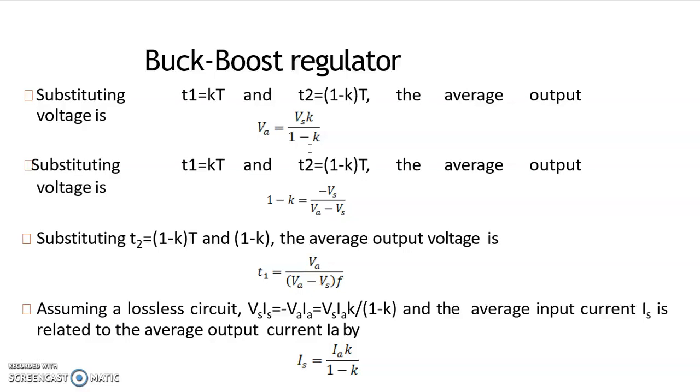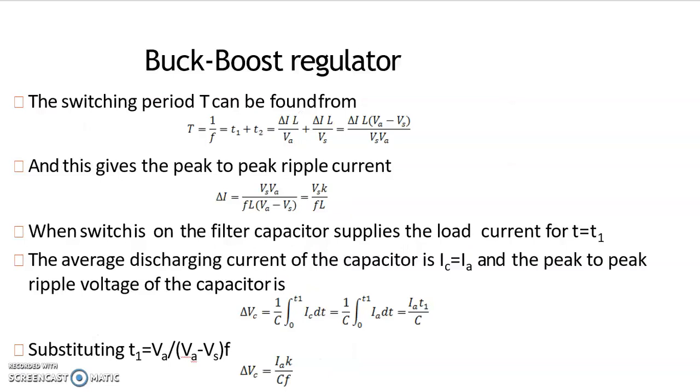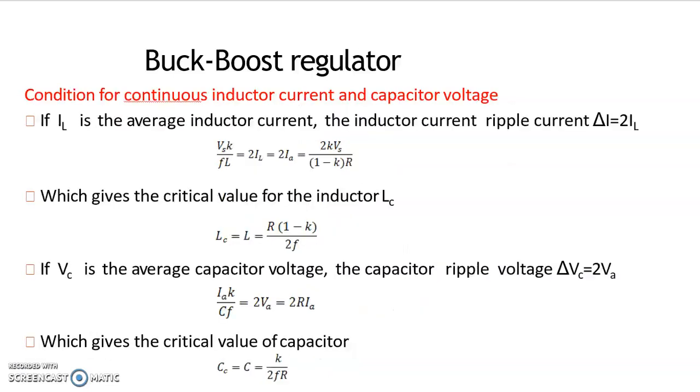Now we have to derive an expression for inductance and capacitance. For that we are assuming continuous conduction. By assuming continuous conduction and limiting the current ripple, the inductor current ripple delta I is equal to 2IL, and capacitor ripple voltage delta Vc is equal to 2Va.